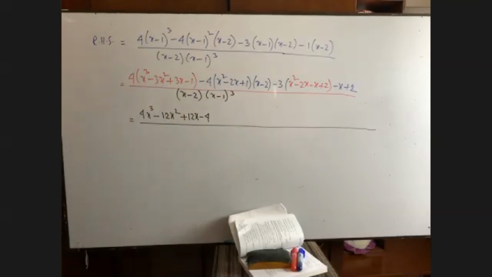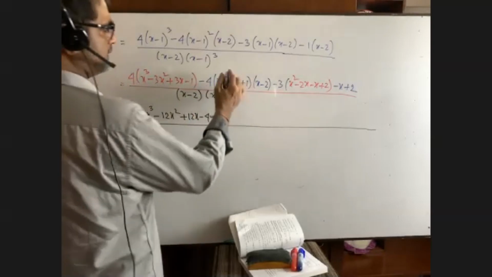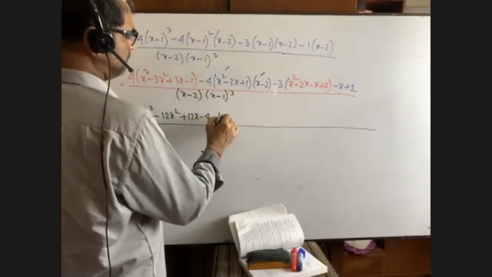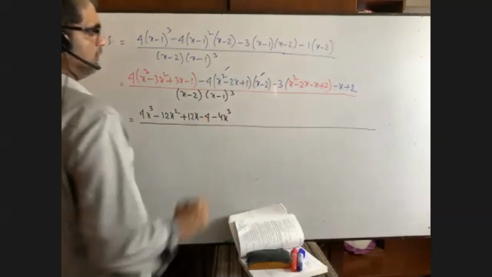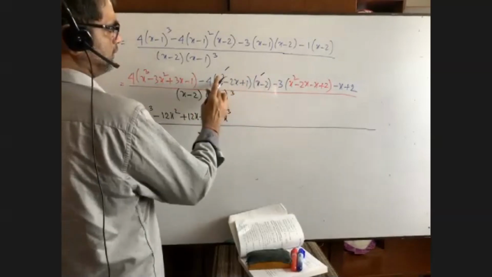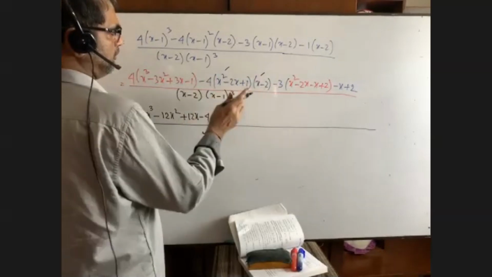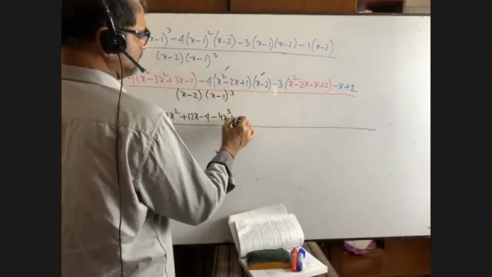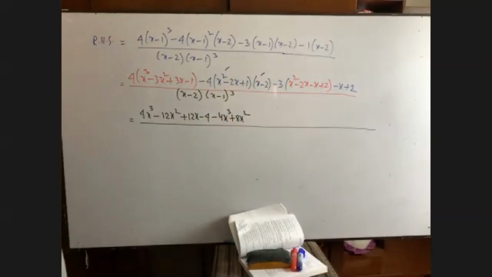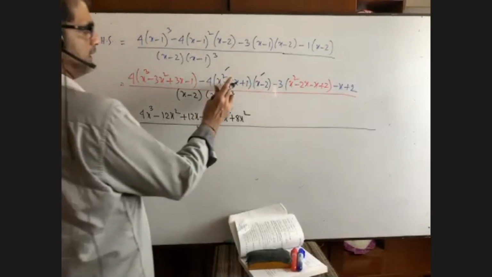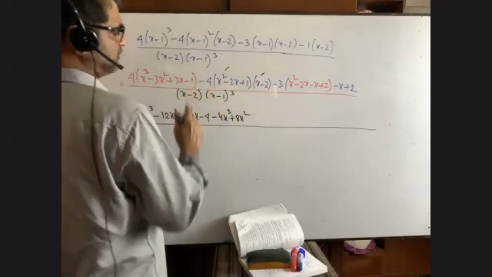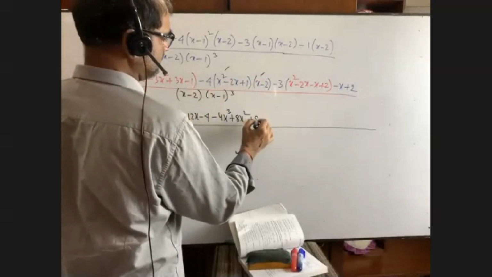Right? Now we have to multiply this x square into x cube, so minus 4x cube. Then multiply minus 2 into x square, minus 2x square, minus minus plus 8x square.